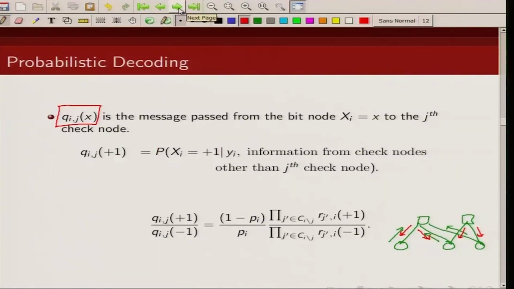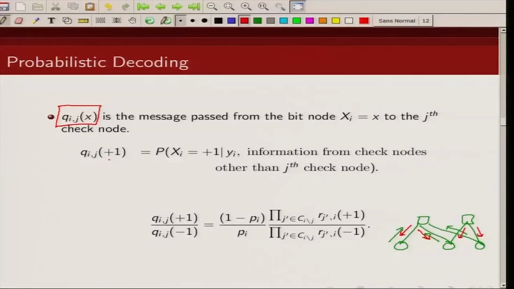Now, what is this QIJ? It is a message passed from the bit location I to the jth parity check node. QIJ being plus 1 is given by the probability that Xi is plus 1 given the received symbol Yi and information from parity check nodes other than the jth parity check node.